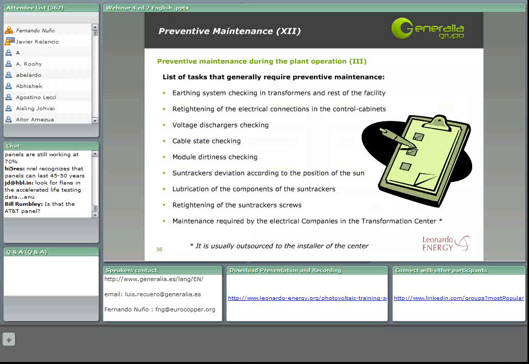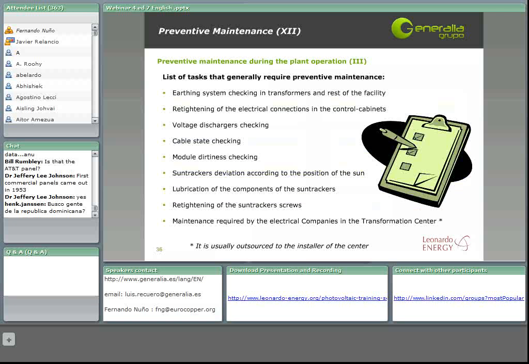The earthing system checking of all the elements of our PV facility, the retightening of all the electrical connections in the control cabinets, the checking of the voltage dischargers and the cable state, the checking of the module dirtiness and the hot spots in the modules, and the verification of the maintenance required by the electrical companies in the transformation center.